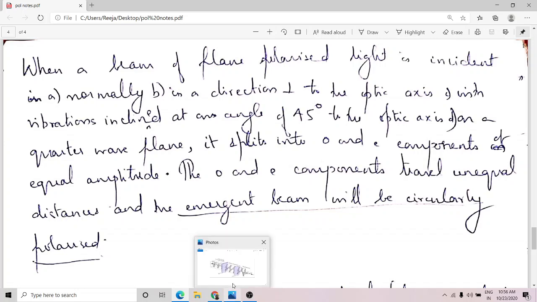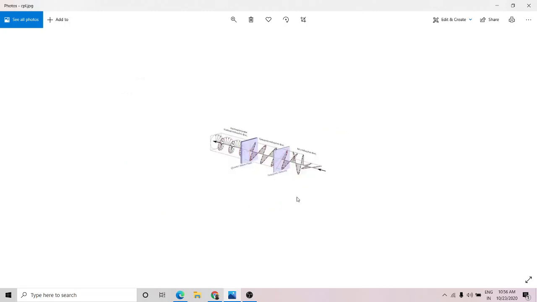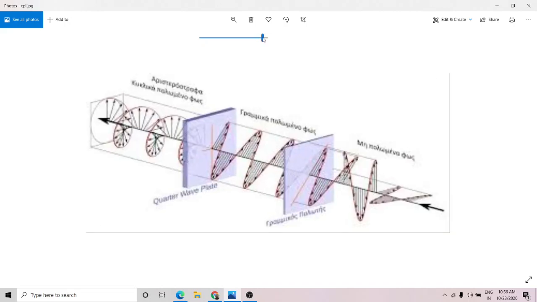I just want to show you a figure of circularly polarized light here, just to make you understand how it looks. Okay, so this is taken from Google, from our Creative Commons licensable part. So this is the unpolarized light which is entering. You allow it to fall on a polarizer, it becomes plane polarized.